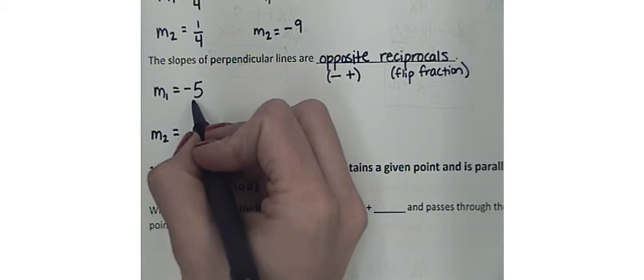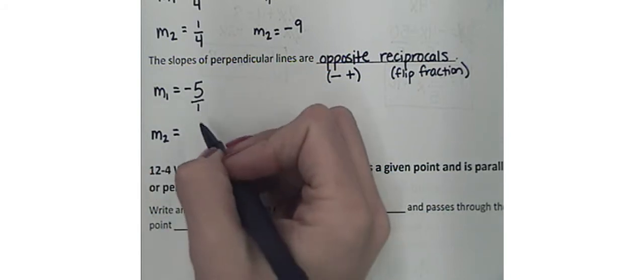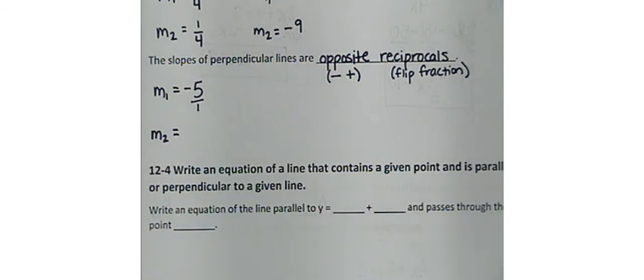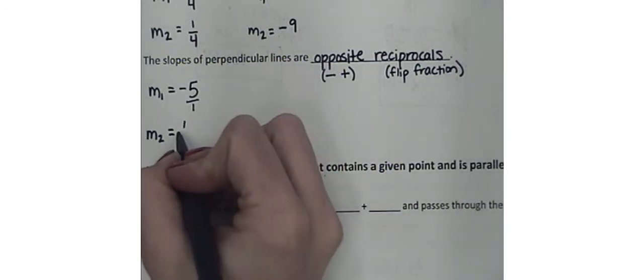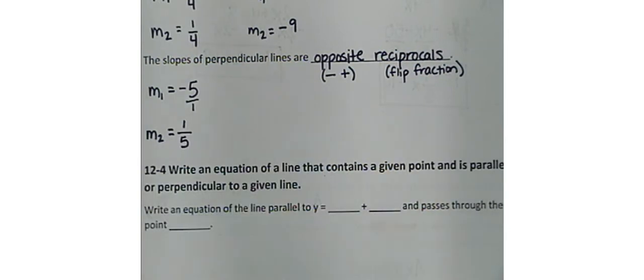And remember, all integers or whole numbers can be divided by 1. So on a quiz or your homework, make it a fraction and put a 1 underneath if that's going to help you. Now let's flip these numerators and denominators. So 1 is now in the numerator on top, 5 is in the denominator on the bottom.